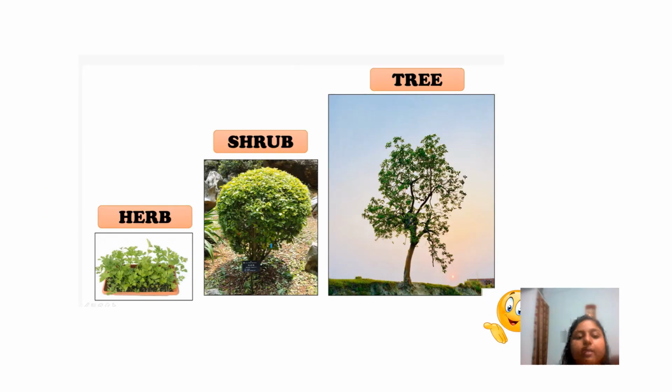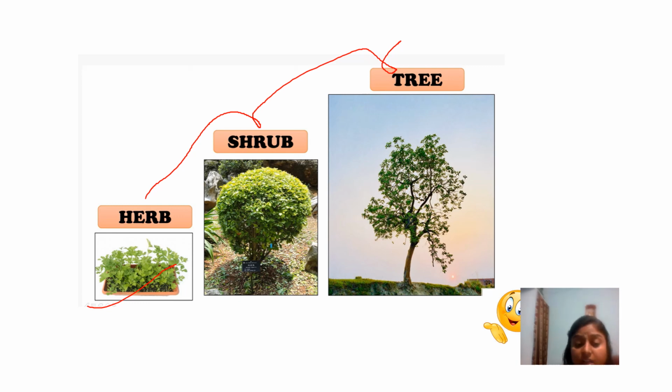Okay, now I think you all are clear with this. These are the herbs, these are the shrubs, and these are the trees. In the herbs there are mint, tulsi, spinach. These are examples of herbs.